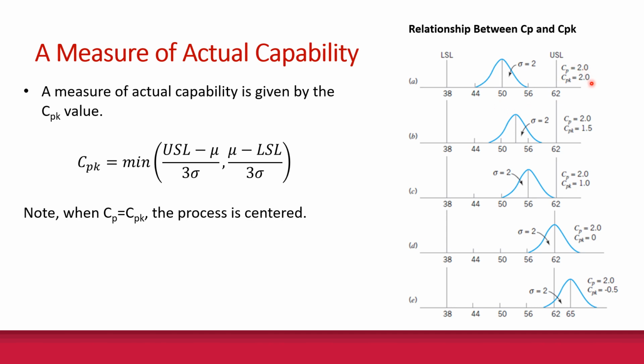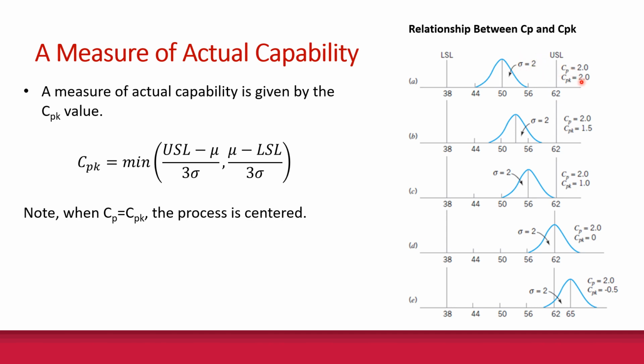And it turns out the C sub PK value is going to be 2 as well, because we take the minimum of the left half or the right half, and they're exactly the same. So for example, if we do the upper specification limit minus the mean divided by 3 sigma, we get 62 minus 50, which is 12, divided by 3 times 2, which is 6.